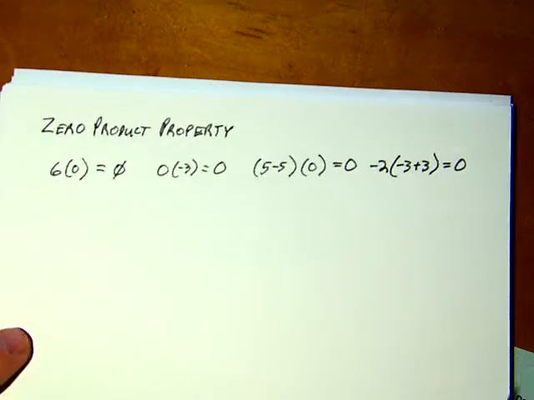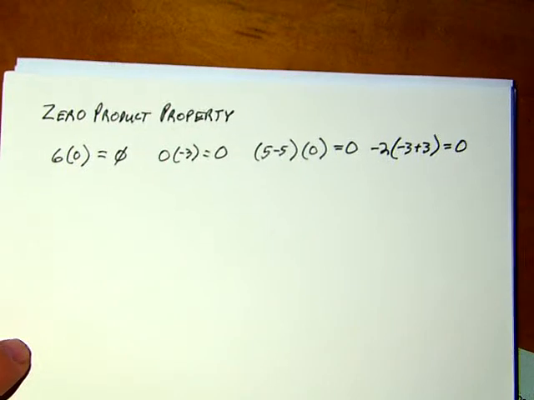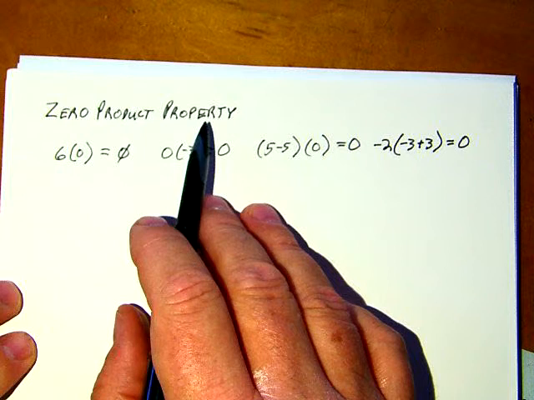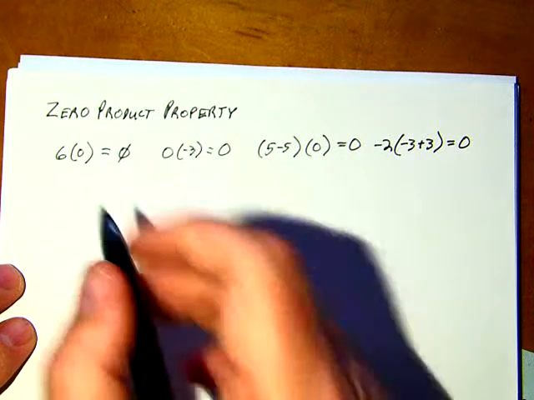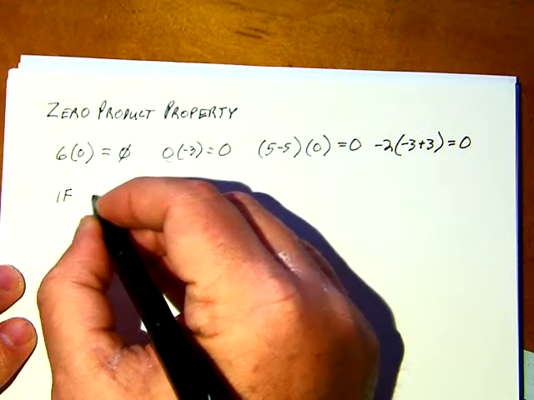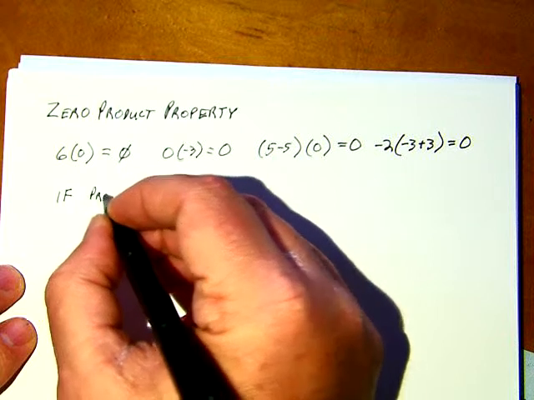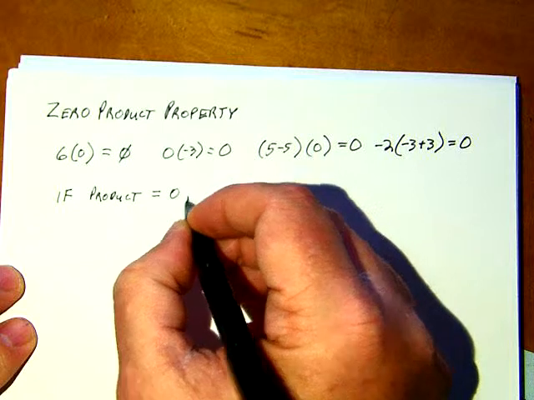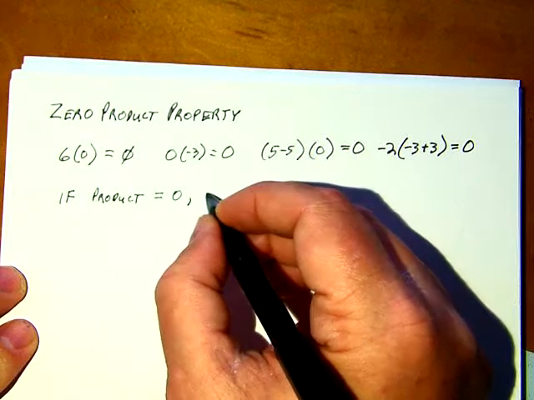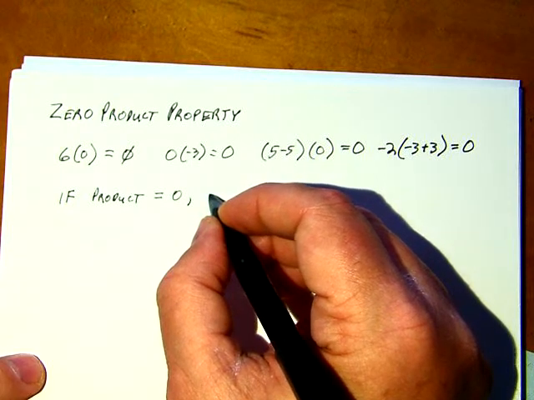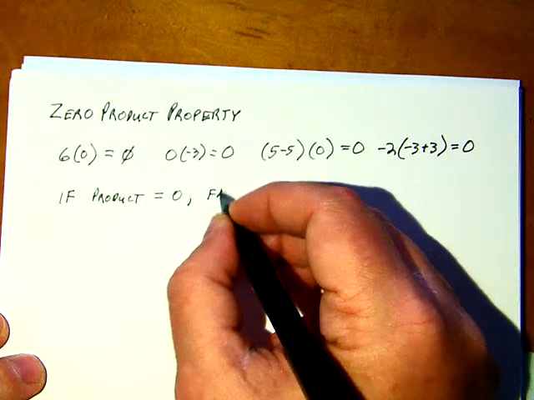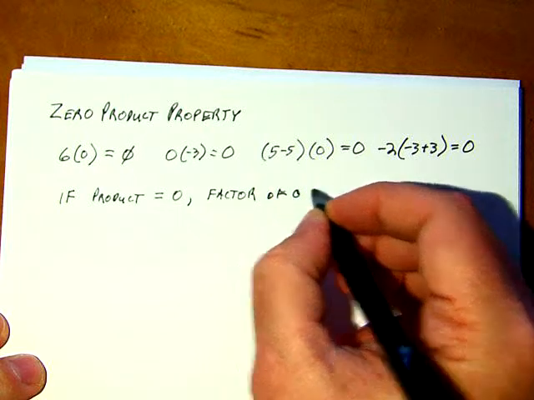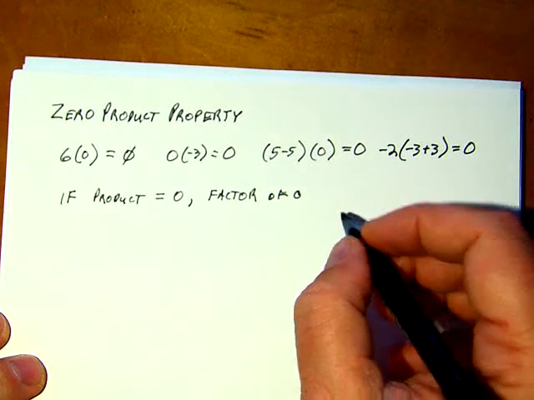So what I've done is shown you a bunch of different ways of multiplying times 0, and that's what the zero product property is. It basically says that if your product of a multiplication is equal to 0, then you either have a factor of 0 or two factors of 0.